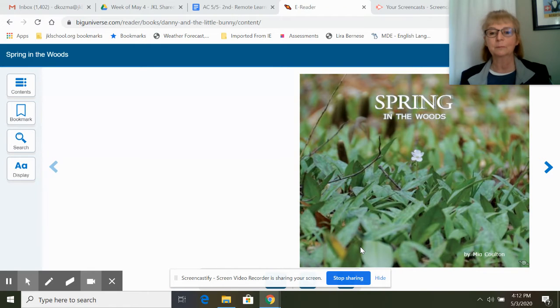Now, let me tell you a little bit about this book called Spring in the Woods. You see, in the springtime, the woods are really changing fast, and it's a good place for plants and animals. This story tells of the changes that Danny sees in the woods in the springtime.